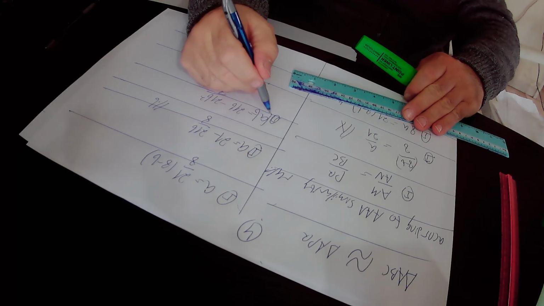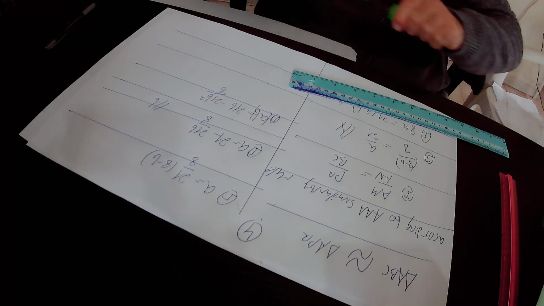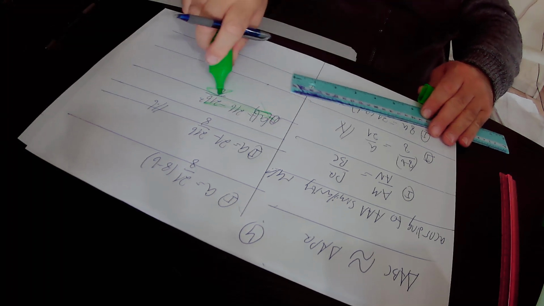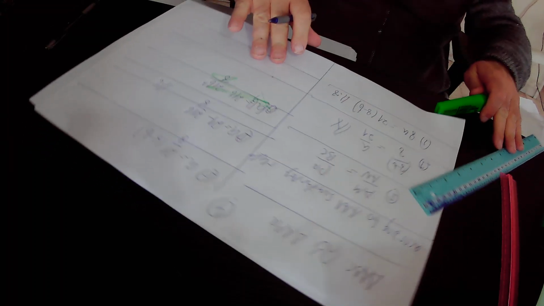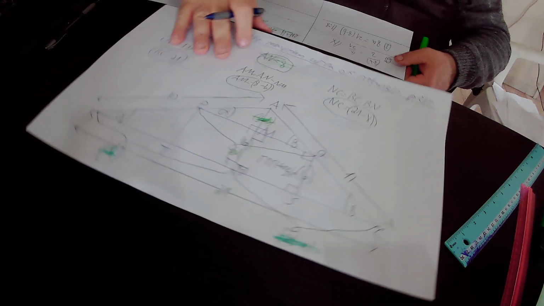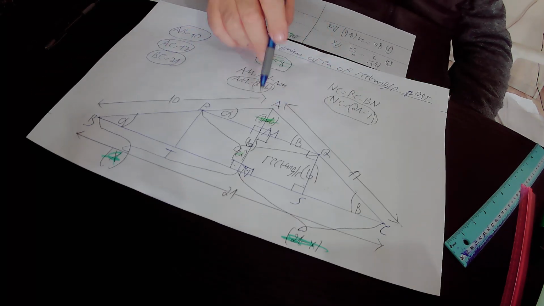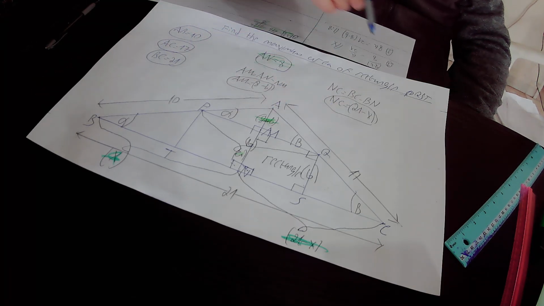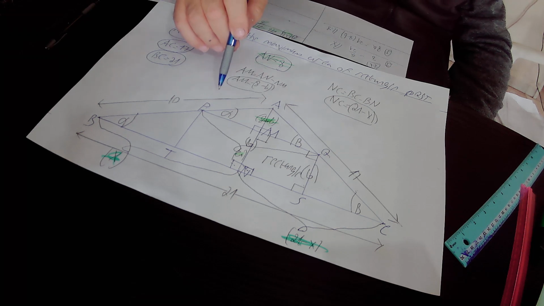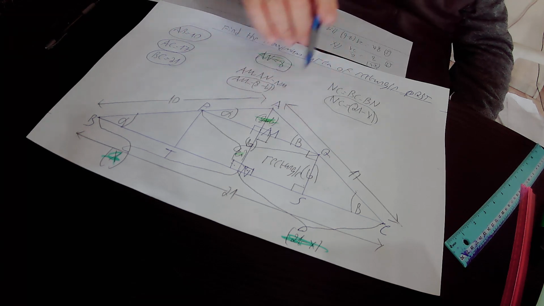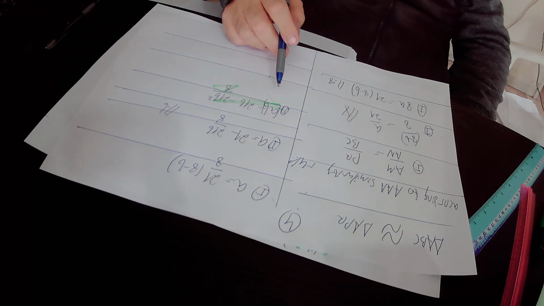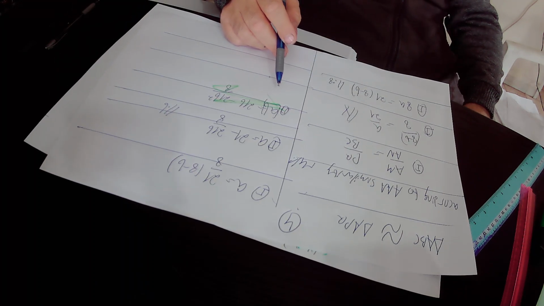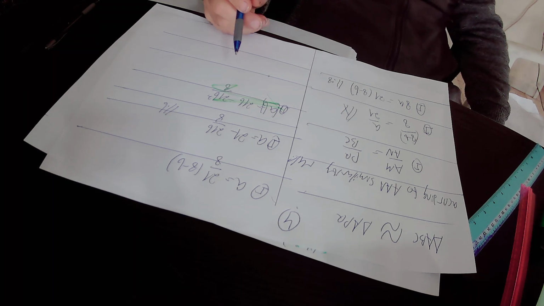So what is actually A times B? A is the length of this rectangle PQST, and B is the width. And the length times the width is the area of this rectangle PQST. So we found out that the area of rectangle PQST is A times B equals 21B minus 21B squared over 8.